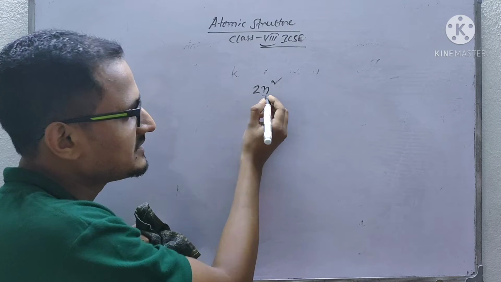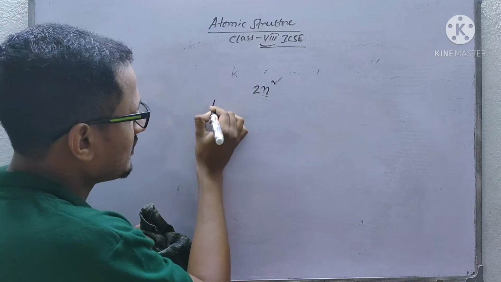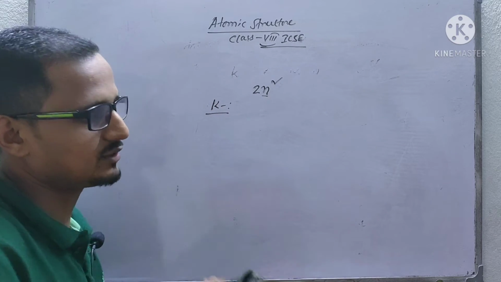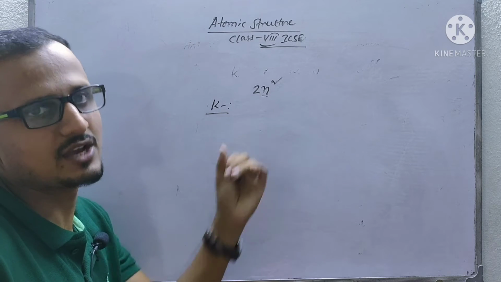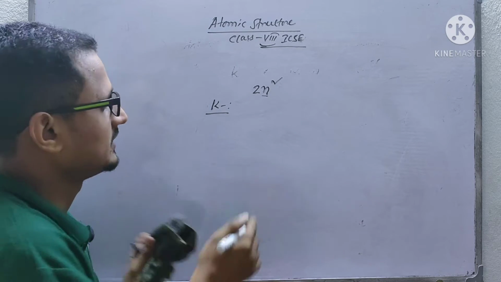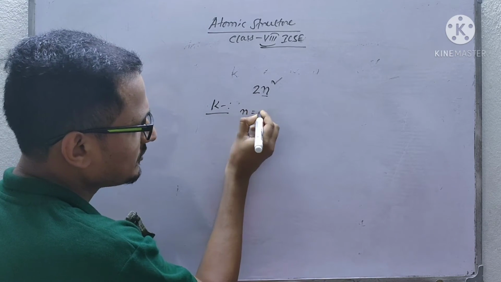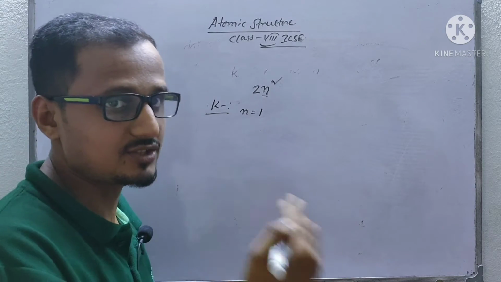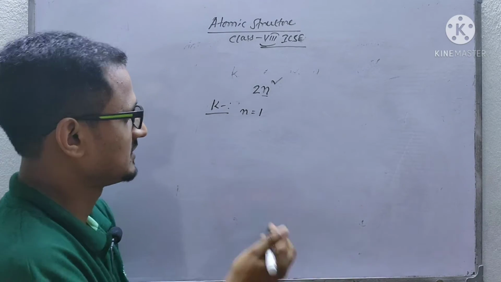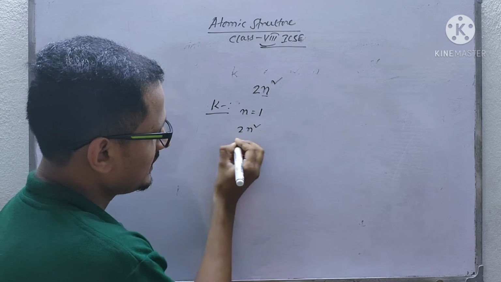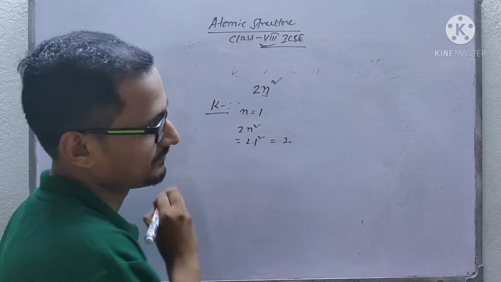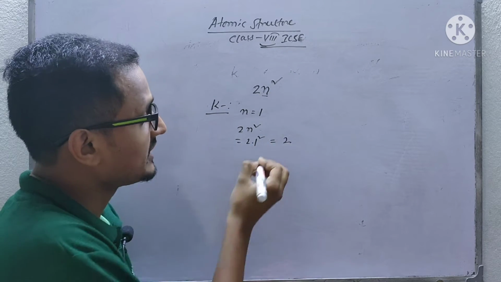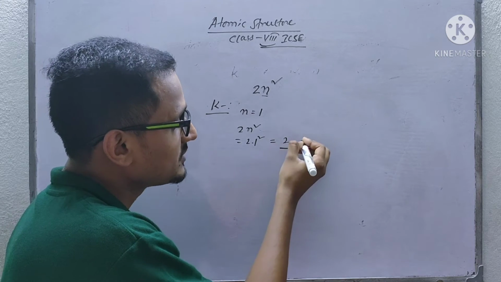Here n is the quantum number. Let us calculate the maximum number of electrons present in the K orbit. For K orbit the value of n equals 1 because it is the first orbit after the nucleus. So 2n square gives 2 into 1 square, so 2. In K orbit the maximum number of electrons is 2.